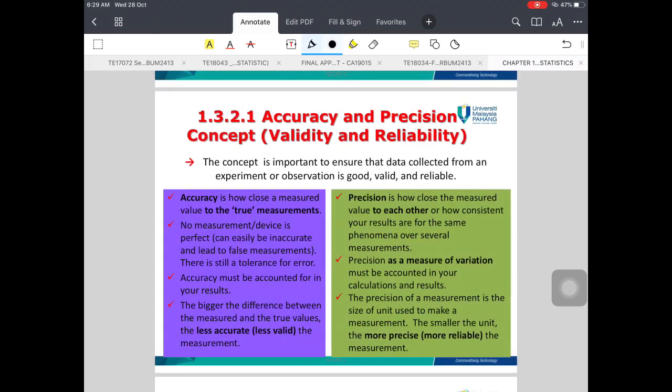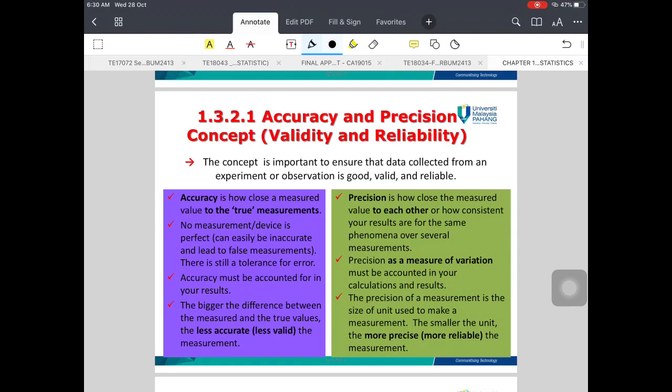Okay, now we go to 1.3.2.1, the accuracy and precision concept, which covers the validity and reliability of our dataset. The concept of accuracy and precision is very important to ensure that the data collected from the experiment or observation is valid and reliable.